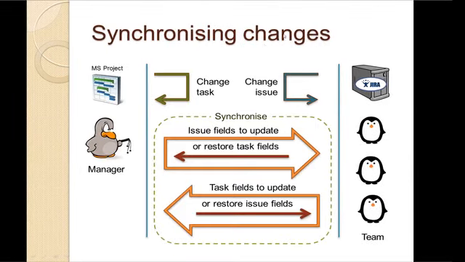So synchronization in general. For instance, the project manager changes something in Microsoft project, and the team works with JIRA and changes some issues as well. And at some point we want to synchronize the data.